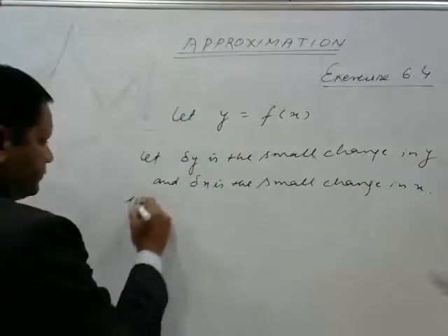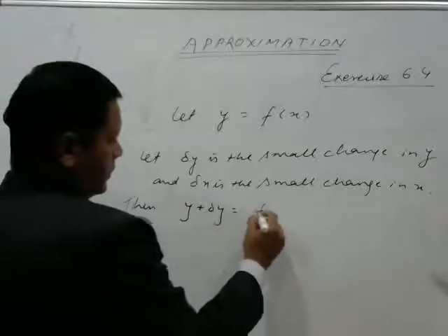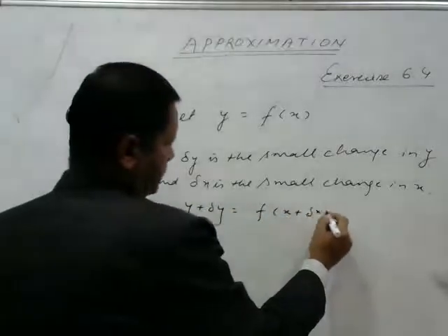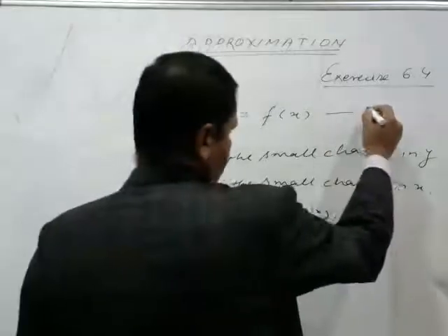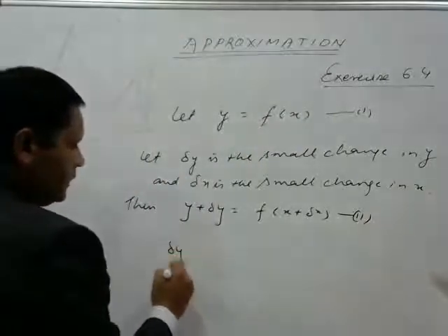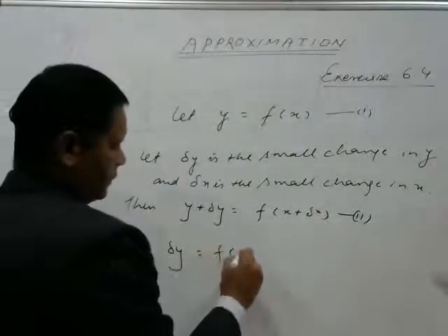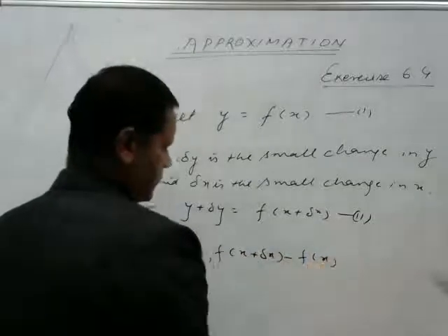Then we have y plus delta y is equal to f of x plus delta x, and if I subtract the first equation from the second equation, we will get delta y is equal to f of x plus delta x minus f of x.